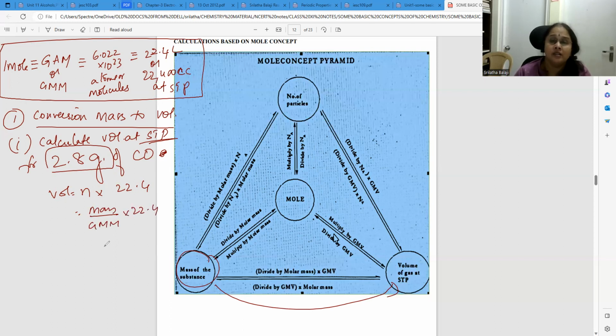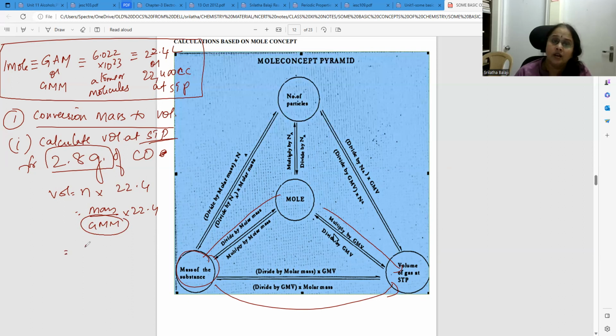Are you getting it? So how do you convert mass to volume? Divide by molar mass, then multiply by gram molar volume. Can you see the pathway? Divide the mass by molar mass, and the whole thing you multiply by 22.4 gram molar volume. That will give you the volume of gas at STP.